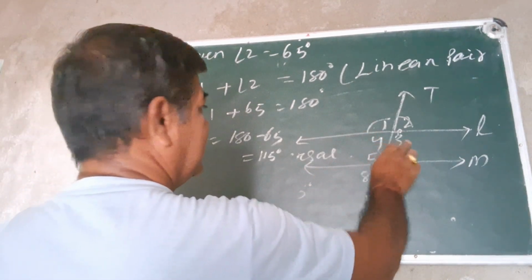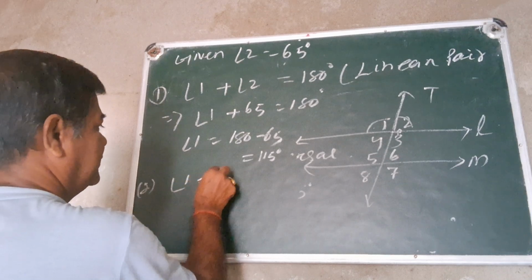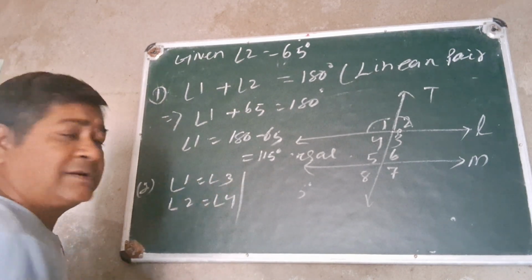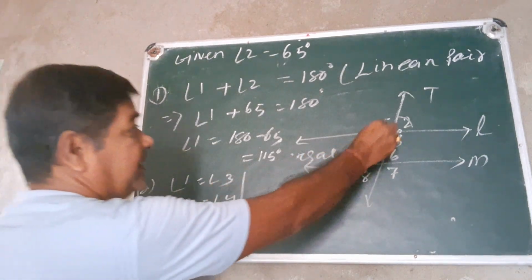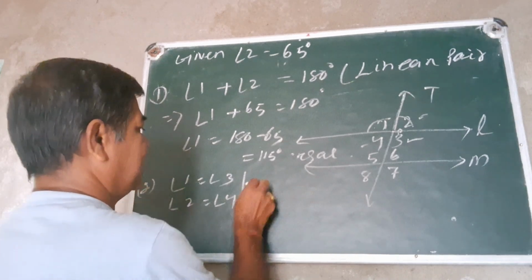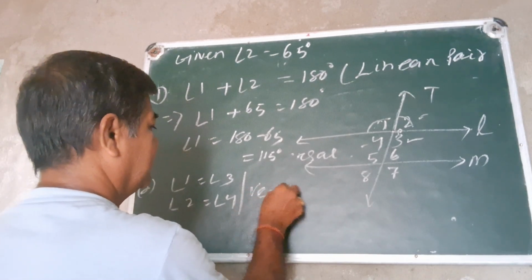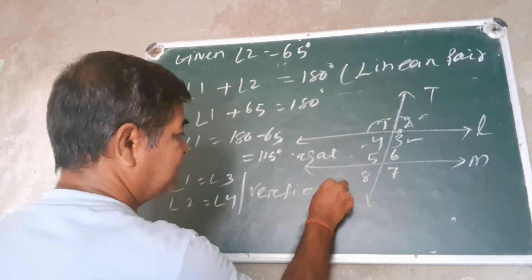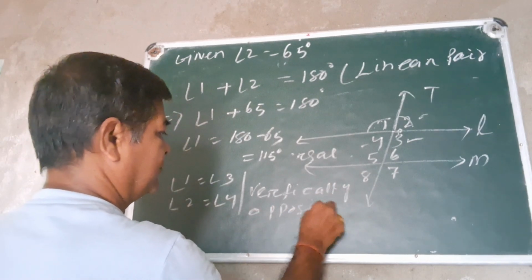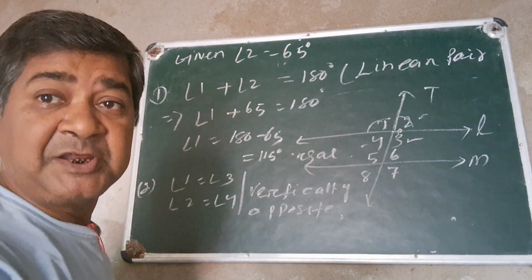Angle 1 equal to angle 3. Angle 2 equal to angle 4. Why? Angle 1 and angle 3, angle 4 and angle 2 are vertically opposite angles. We know that all vertically opposite angles are equal.